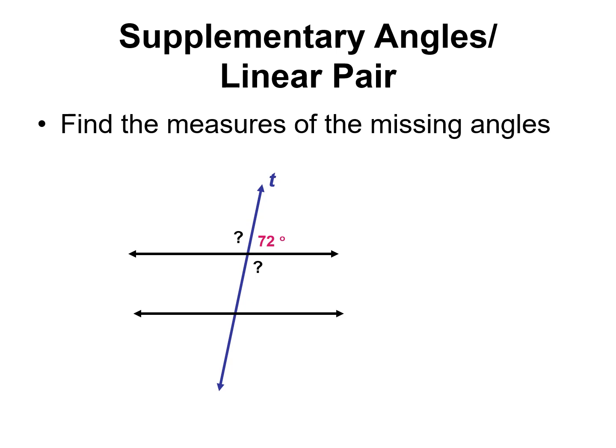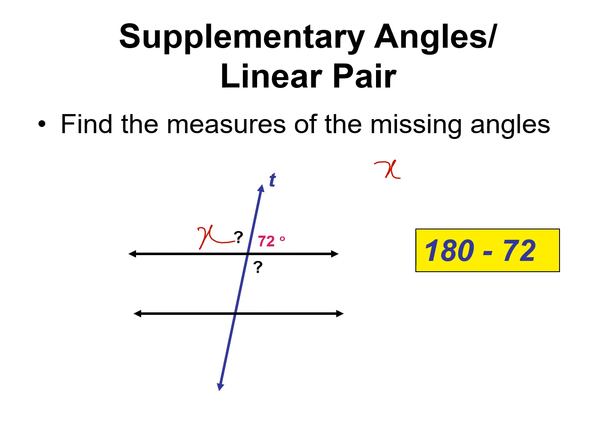So here is a question based on the previous concept. Find the measure of the missing angle. If one angle is given as 72 degrees, you know that the sum of the angles on a line, that means a linear pair, is 180. We are using here the concept of the linear pair axiom. So the other angle you can find out by that.